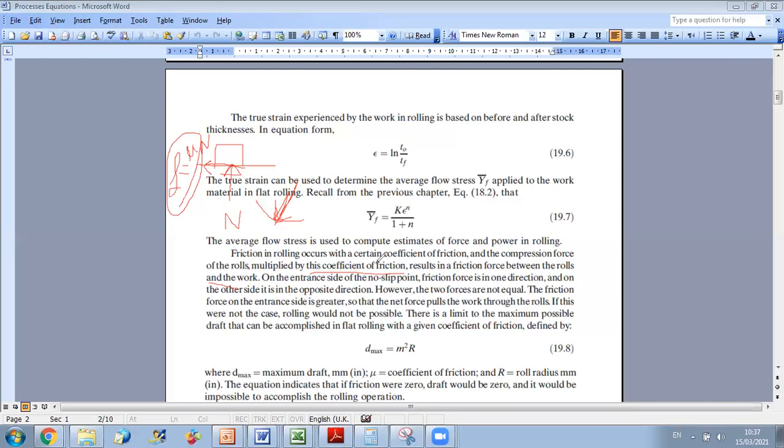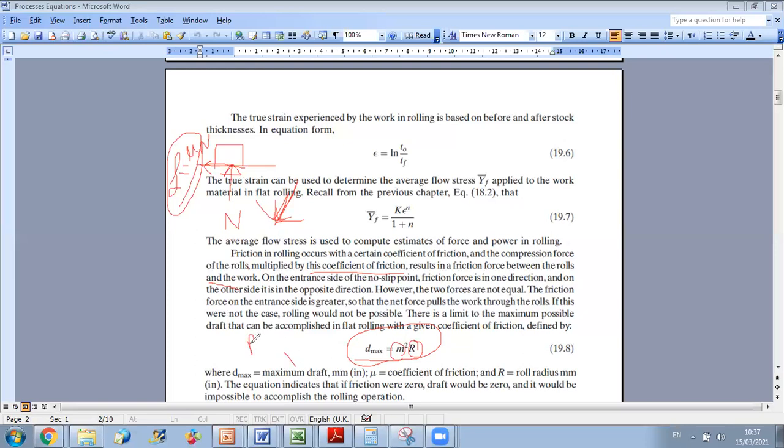There is a limit to the maximum possible draft that can be accomplished in flat rolling with a given coefficient of friction. As we said, you have a limit for the maximum draft you can perform in one pass. The maximum draft is related to the radius of the roll and to the friction coefficient between the two surfaces. It is d maximum equals mu squared times R, where d maximum represents the maximum draft per pass.